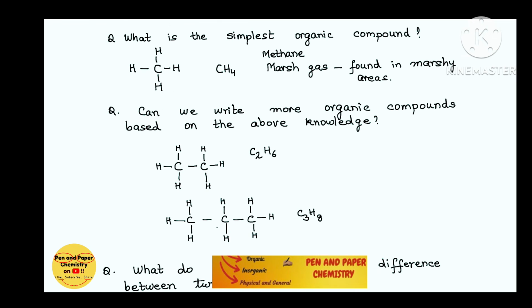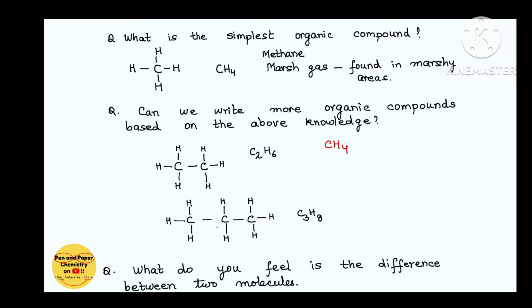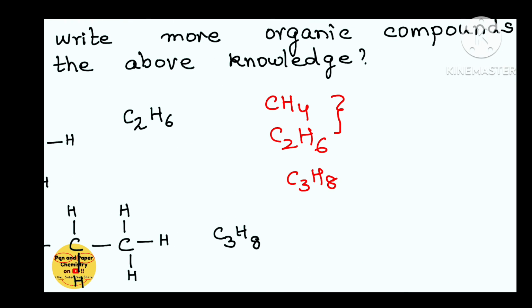So if you see this lot of compounds, CH4, C2H6, C3H8, let me write them again. CH4, C2H6, C3H8. What is the difference in the number of carbon atoms between the two compounds that you see over here, CH4 and C2H6?